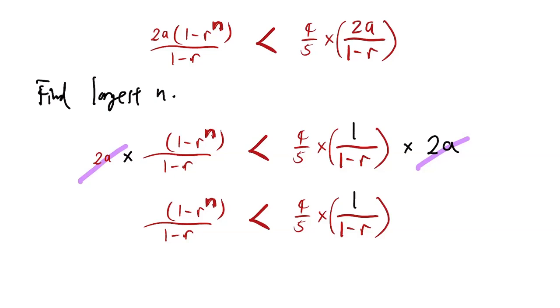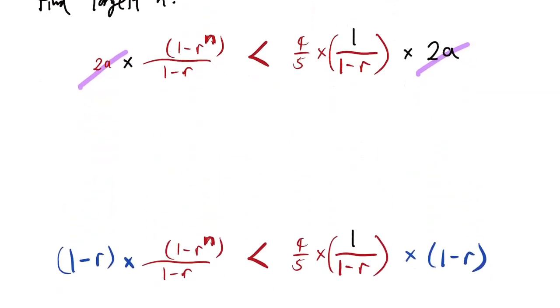How do you get rid of a divide? The opposite of divide is times. So when I say cancel, what I mean is I am multiplying by the opposite of the divide. So I'm actually multiplying by 1 minus R on both sides. Is that allowed? Yes, multiplication will always be allowed, doesn't matter whether it's 0 or not. You just need to make sure that the direction of the inequality stays the same. So does it stay the same?